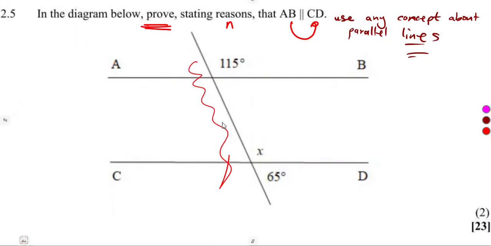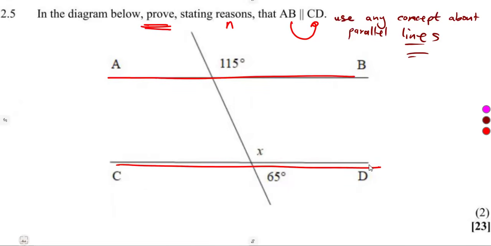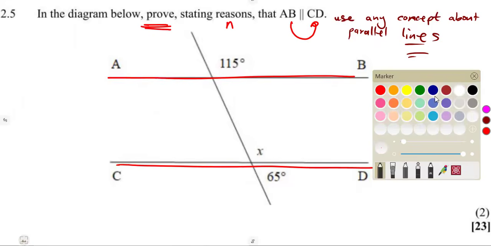There are no angles that we can relate it to. The angle of 165 and this angle of 65 degrees, they do not have a relationship. This one is outside, this one is outside. All right? But we do understand that if truly AB is parallel to CD, if we are still assuming that they are parallel, then the angle of 115 degrees must be equal to x. That is what we know.